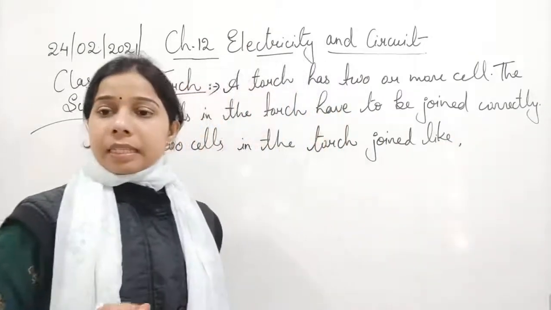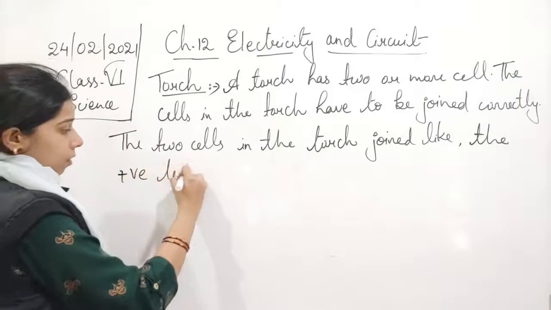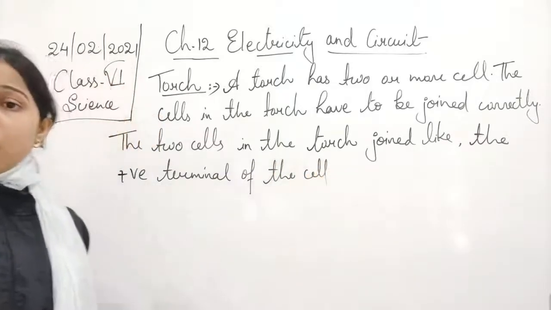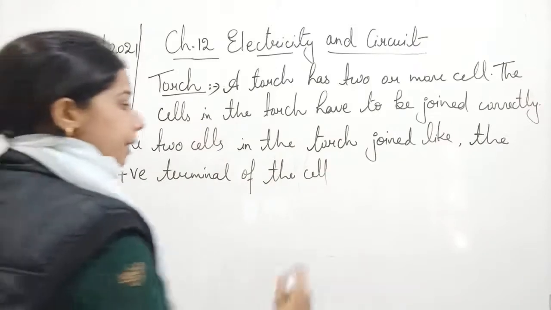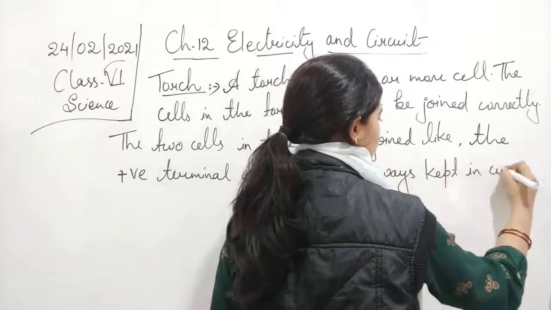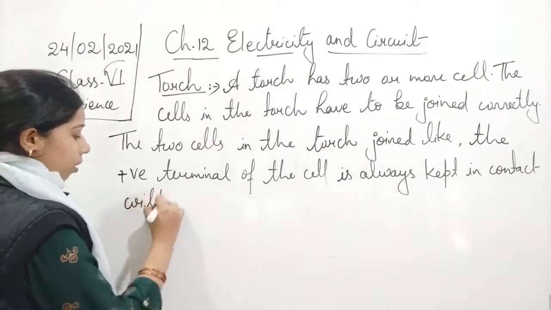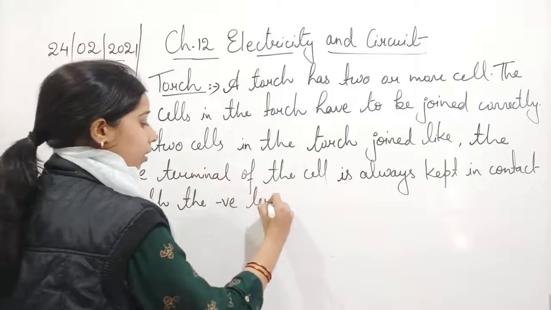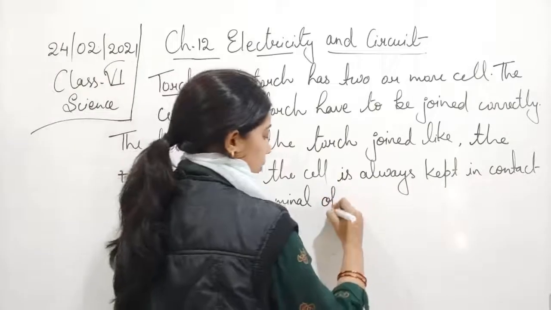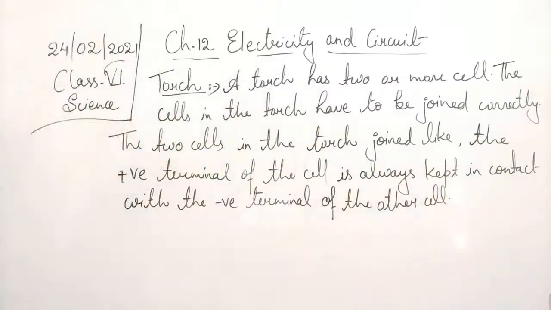The positive terminal of one cell is always kept in contact with the negative terminal of the other cell.